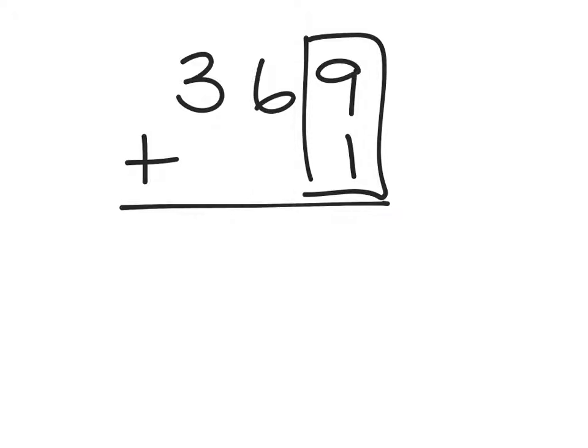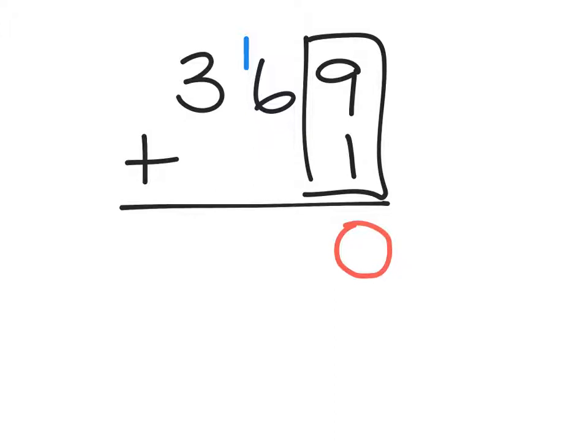Well, when I write that, I write 10 ones as 0 ones and a group of 10. I have regrouped. Instead of saying 10 ones, I say I have 0 ones and a new group of 10. 9 plus 1 gives me a new group of 10.